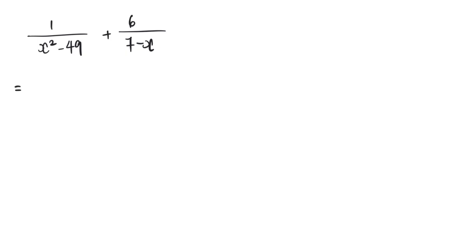So the very first thing that comes to Mr. Tan's mind is, can I factorize any of the numerator or denominator? And I realized I could. I could factorize x squared minus 49, by utilizing a squared minus b squared is equals to a plus b, a minus b.